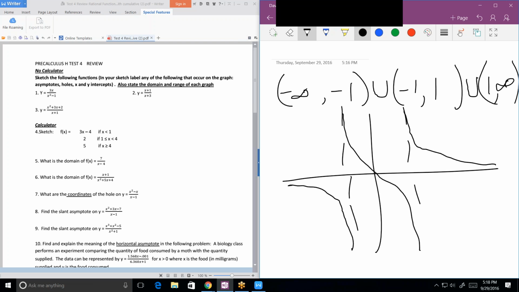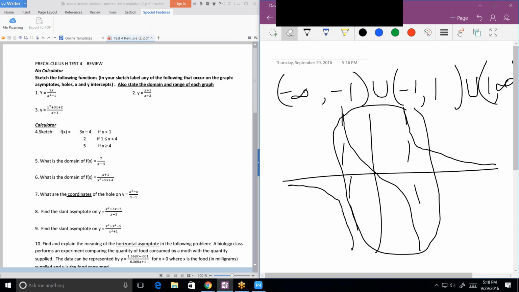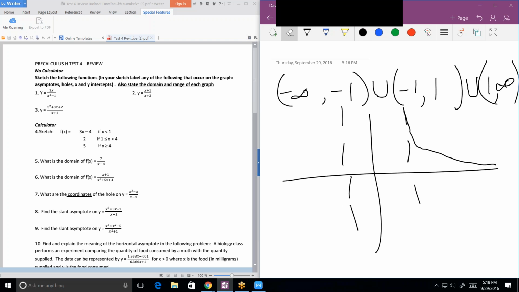Read the range off that function from the graph. The range would be, would it just be all real numbers? Yes. In other words, the range can come entirely from that part right there. That's -infinity to +infinity.